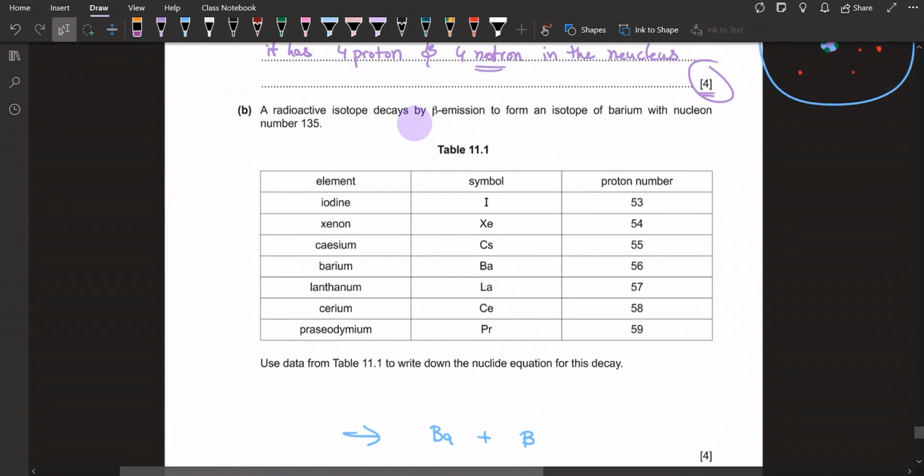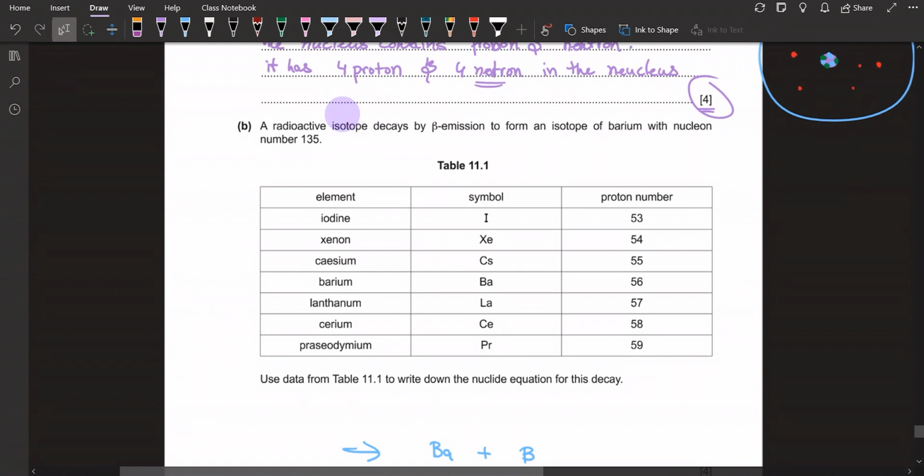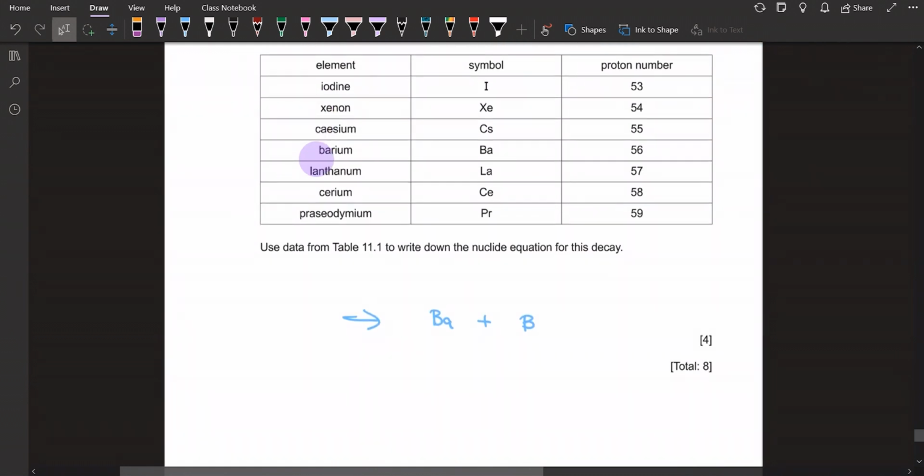In the question it mentions that the nucleon number of barium is 135. So we can write 135, and we can find out the proton number of barium, which is 56. And as we know the beta particle doesn't have any nucleon number, so it's going to be 0. And for the proton number, the charge is going to be -1. So we can just add these both and get our reactant.